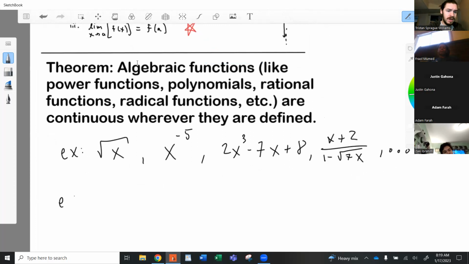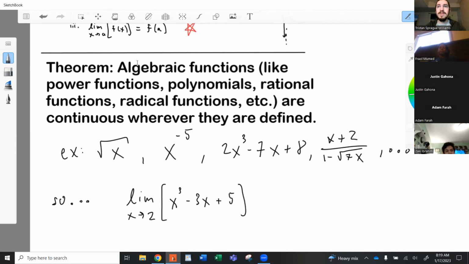An example of using that fact would be to say, well, okay, the limit as x approaches 2 of x cubed minus 3x plus 5. This is a polynomial function. Is it defined when x equals 2? Think about that for a second. Can you plug in 2 to this function and get a valid output? Yeah, you sure can.